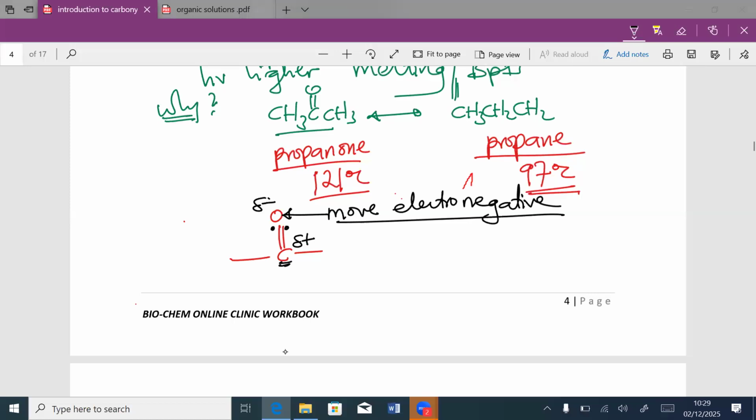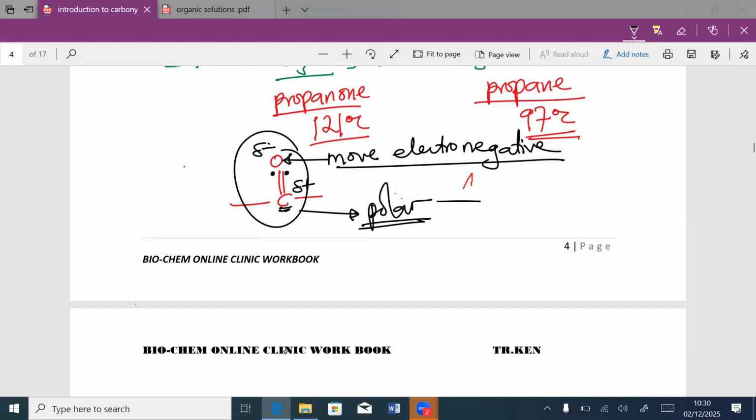For that reason, the carbon-oxygen bond is going to be polar. And because the carbon-oxygen bond is polar, there's a particular kind of forces of attraction that we are going to have among these carbonyl compounds.